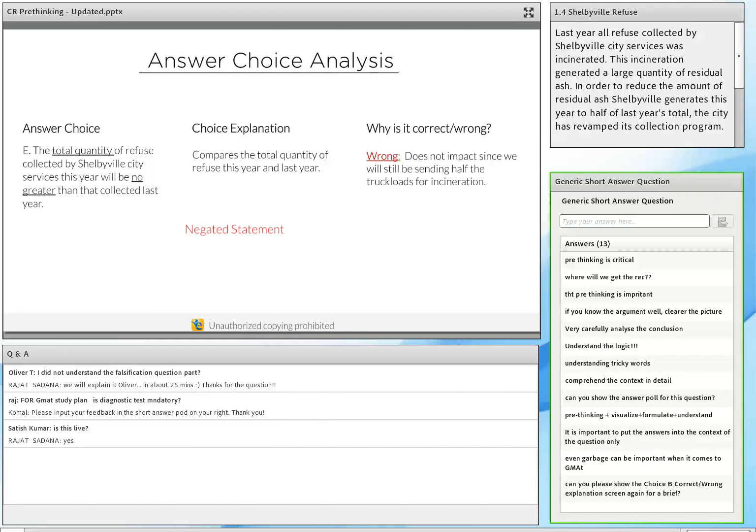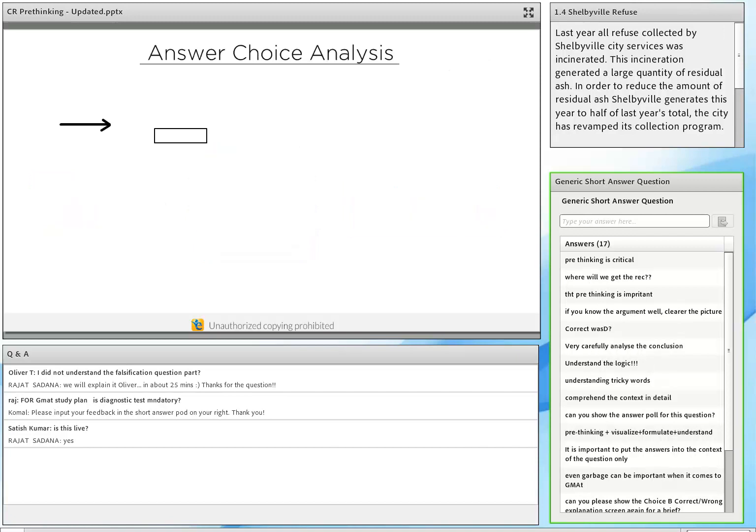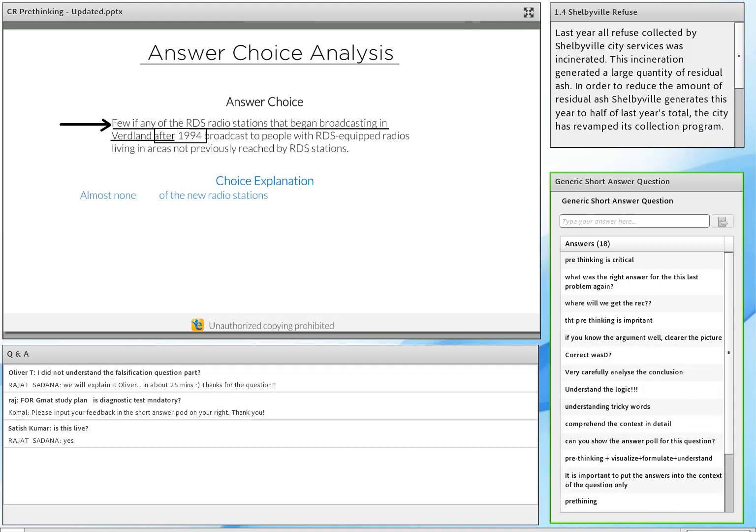I'm going to briefly show choice B. Choice B is actually not close to it at all. Wrong choice, sorry about that.